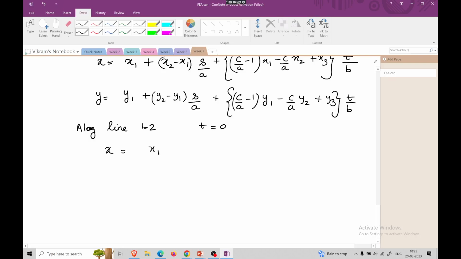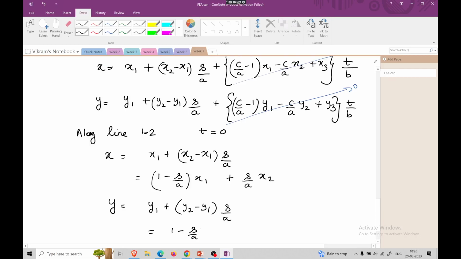So again this will be 1 minus s by a times y1 plus s by a times y2. Okay, so we have got x and y in terms of s alone. So here there is only s.